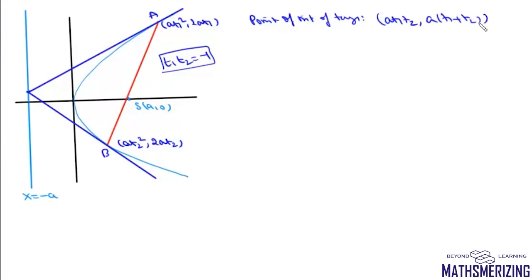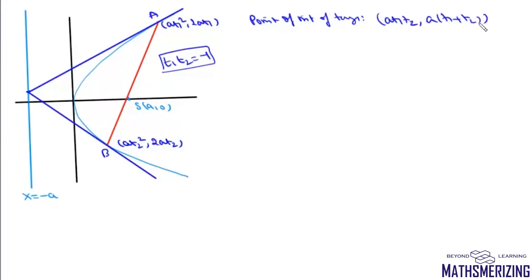Now these tangents pass through (alpha, beta), so we can write this as alpha m² - beta m + a = 0. So the product of slopes, m1 into m2, is a upon alpha, and since we are talking about perpendicular tangents, m1 into m2 is -1.